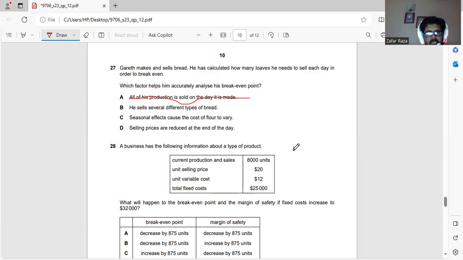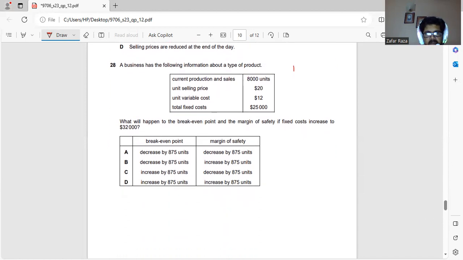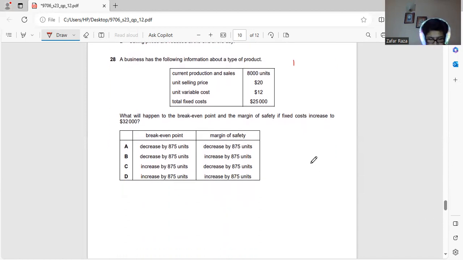A business has the following information about a type of product. 28. Current production 8,000 units, unit selling price $20, variable cost $12, fixed cost 25,000.